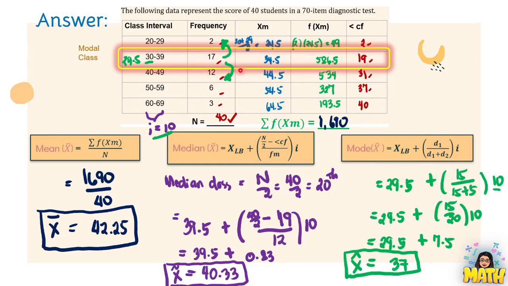And still, our class size is equal to 10. After computing the following, we can get the value 37, which represents the mode of this set of data. That means the most frequent score in a 70-item diagnostic test is 37.